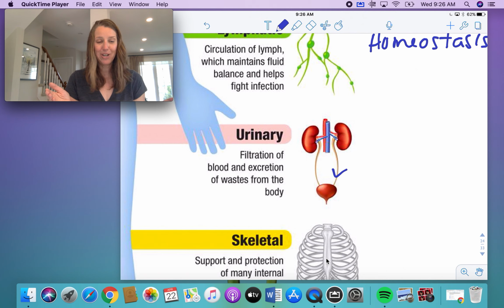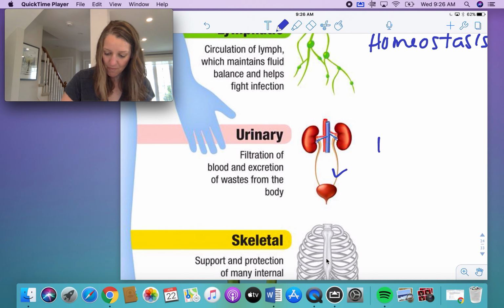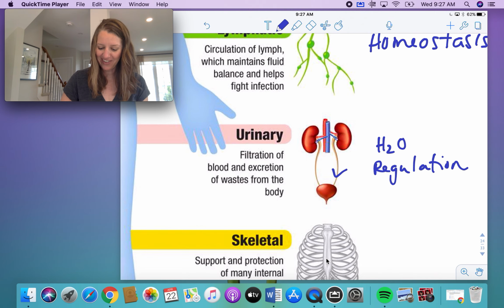And if you haven't had very much water to drink, again, it's that balancing system that your kidneys will then say, we can't get rid of this water because we need to maintain that balance. They'll reabsorb the water back into your bloodstream and keep it at a balance that you need, all right? So again, homeostasis, but really we're looking at water regulation. Two words, I know, that's okay.